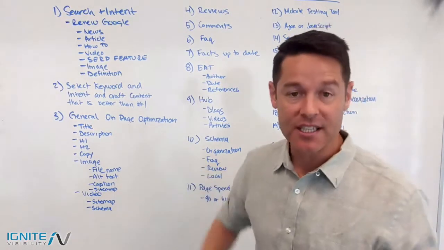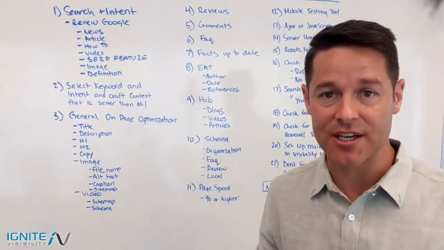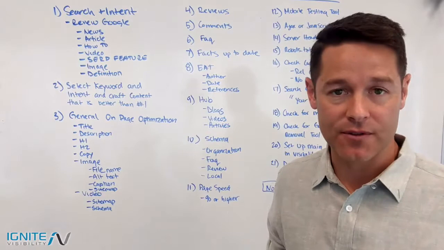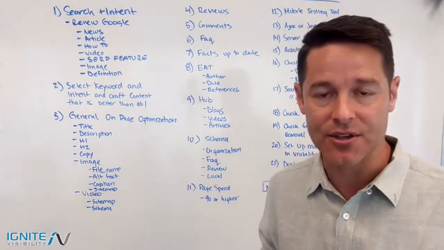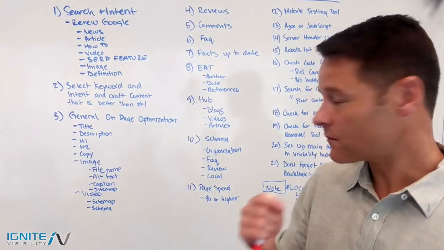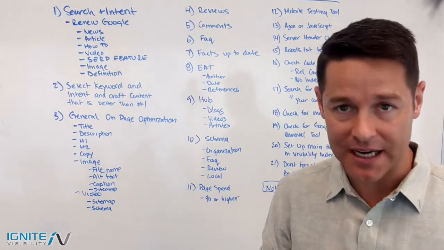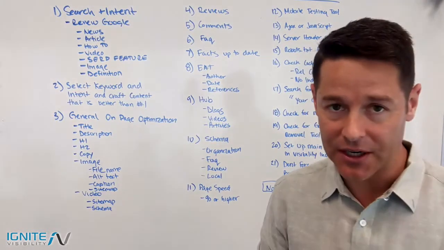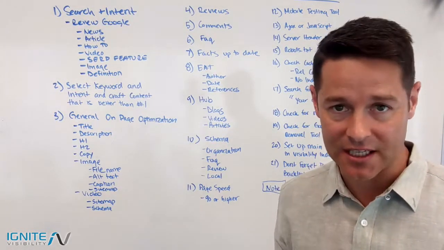Item #3, general on-page optimization still matters, right? And usually when you do a search for something like SEO checklist, you're gonna get a list of general on-page optimization elements like the following. So title, description, H1, H2, copy, image file name, image alt text, image caption, video sitemap, video schema, right?